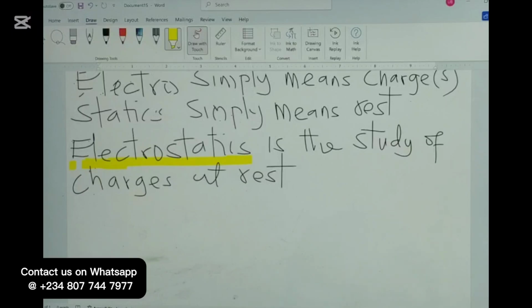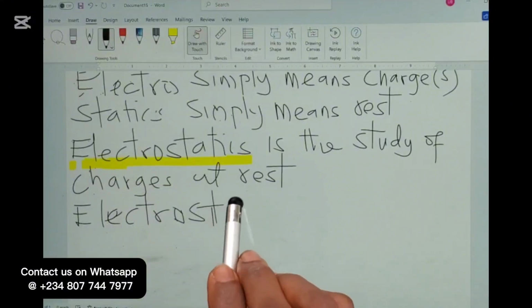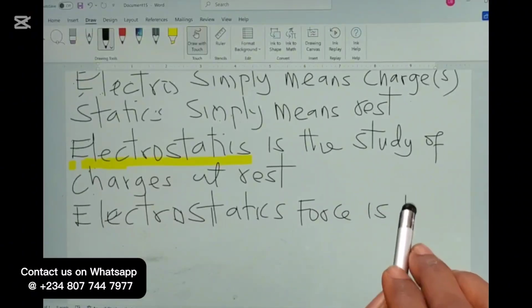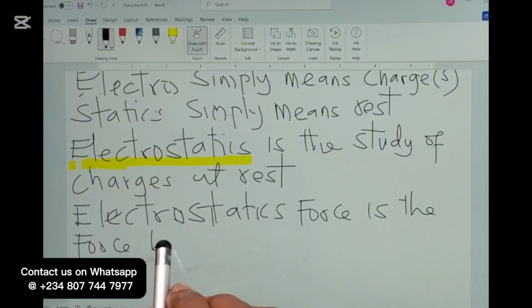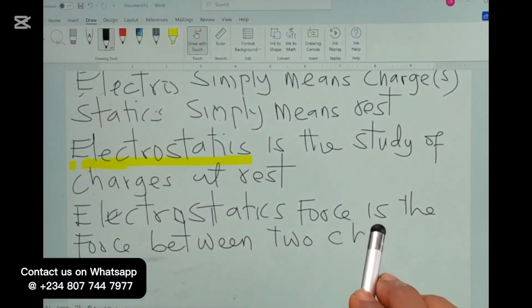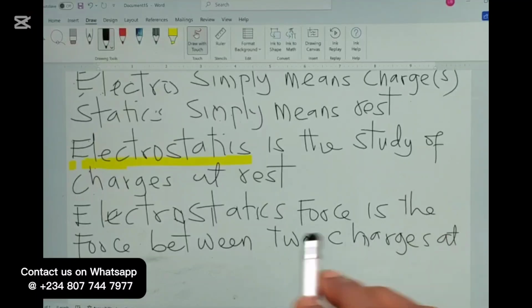Electrostatic force is the force between two charges at rest.